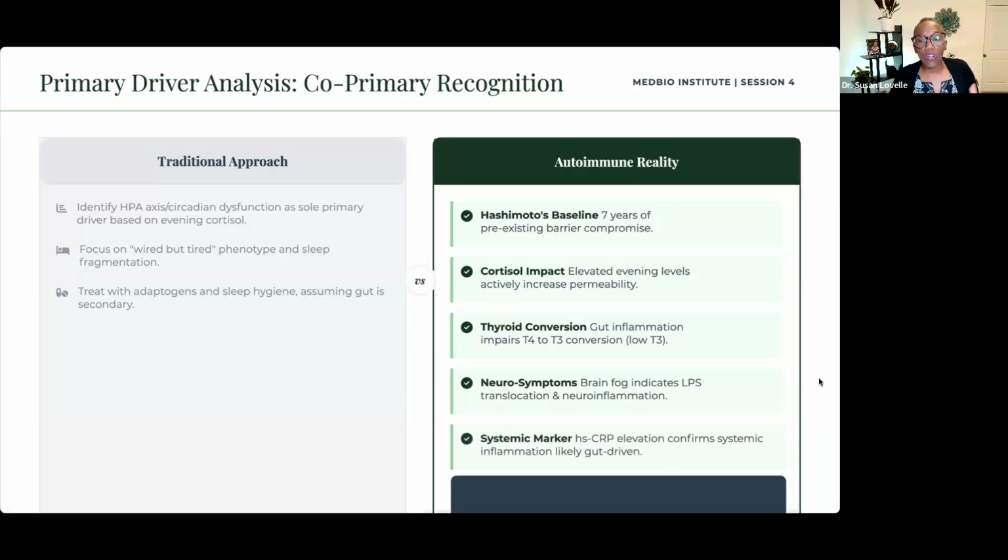And finally, we know that the systemic marker is confirming that as well. So we know that this is what's going on because of that autoimmune condition. And the final issue is that both HPA and the gut are co-primary drivers. That's very important to understand and to accept, because it's going to really change how we treat her going forward.